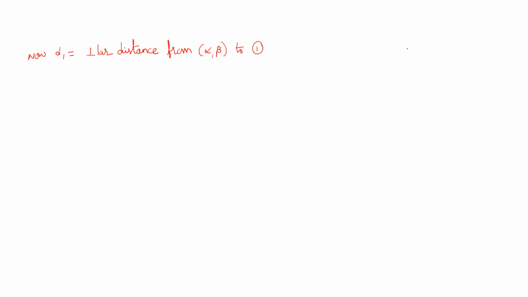See, in straight lines, from the point x1, y1 to the line ax plus by plus c is equal to 0, the perpendicular distance formula is mod of ax1 plus by1 plus c by root of a square plus b square.